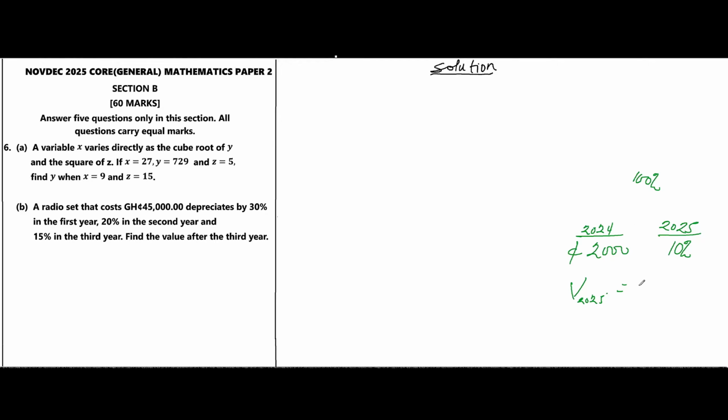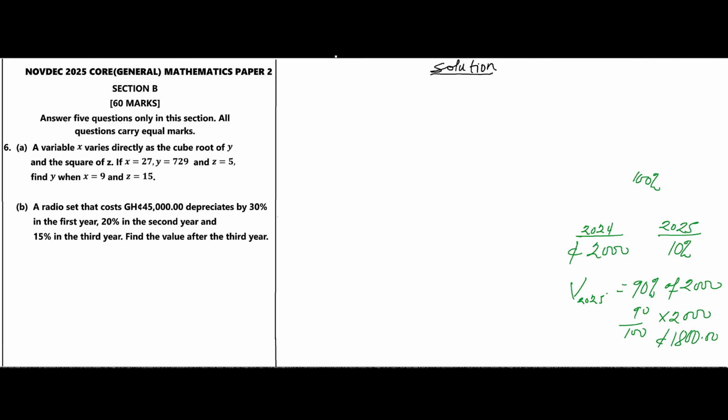So the value of the phone in 2025 will be 90 on 100 times 2000 Ghana cedis, and this will give us 1800 Ghana cedis. So that is the concept of depreciation.